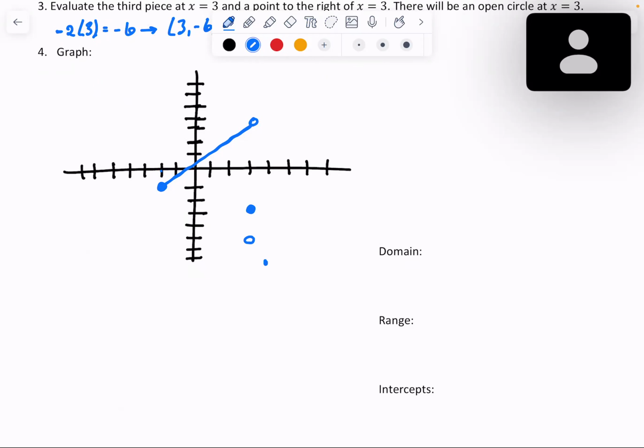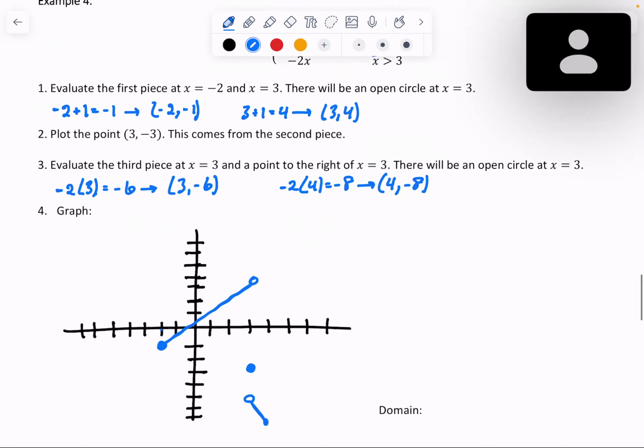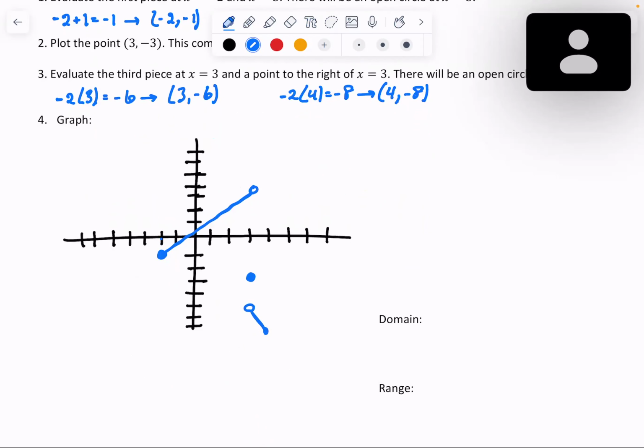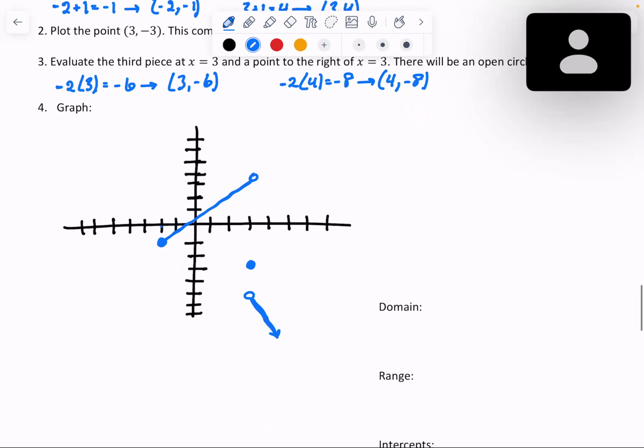And in this case, is the domain restricted? No. So it says for anything greater than 3. So this piece is going to continue on forever in this direction. So that's what the graph looks like for that one. So that one's a little weirder.